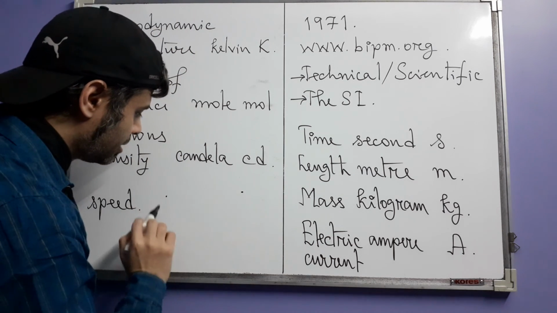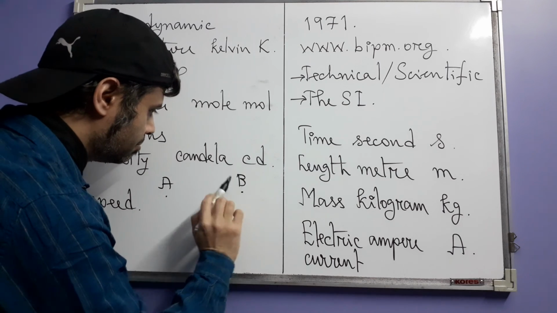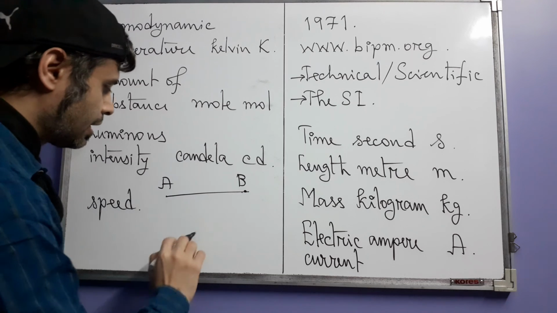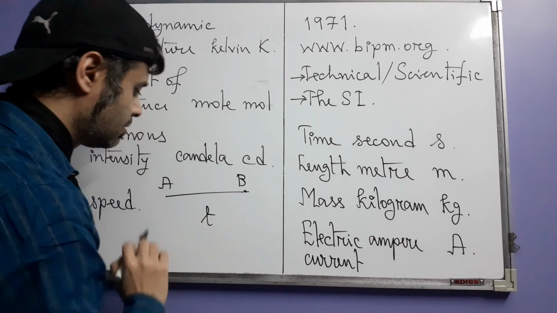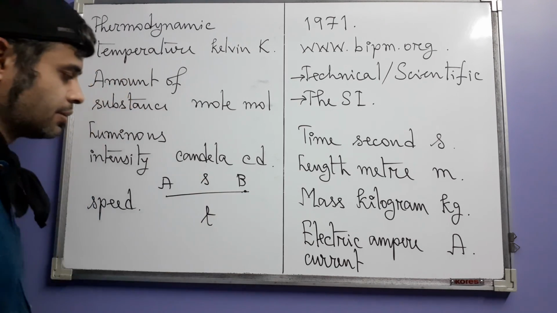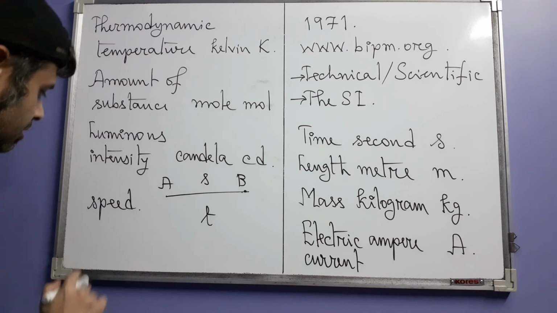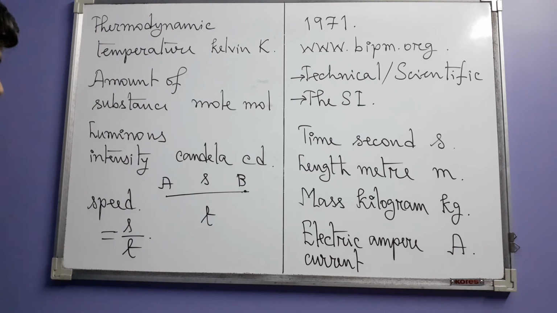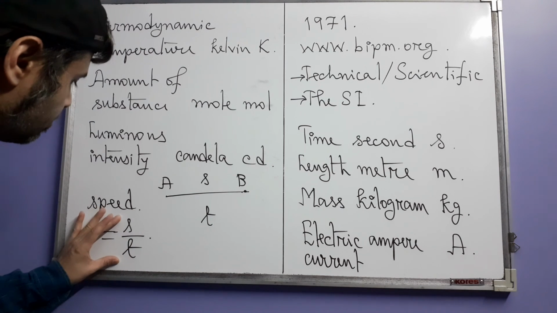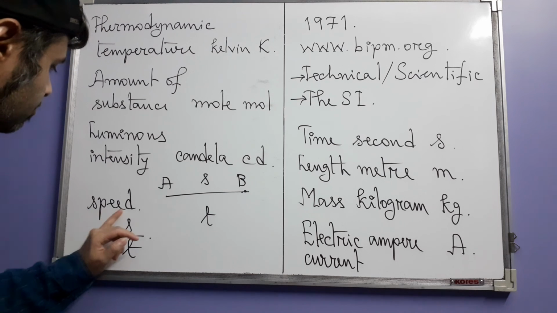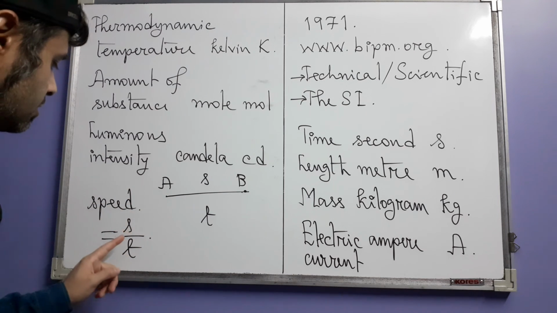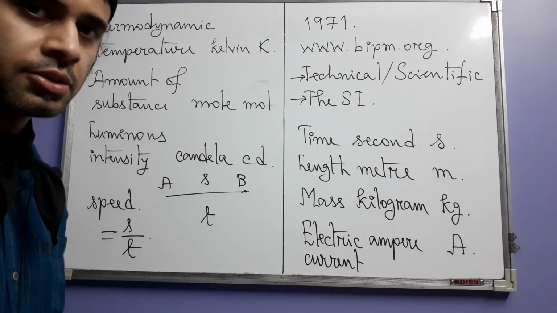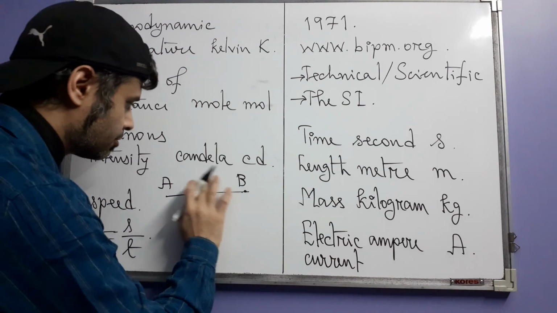To go from point A to point B, which has a definite distance between them, an object took time, say t, and say that distance is s. Then the average speed is s divided by t. So from this relation itself, you see that the physical quantity speed is a combination of length and time. Okay. Perhaps I should use d here.